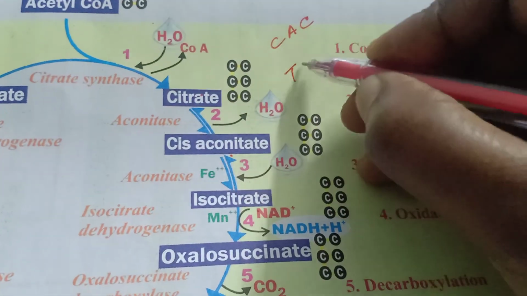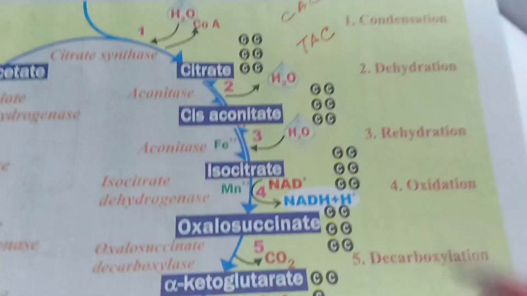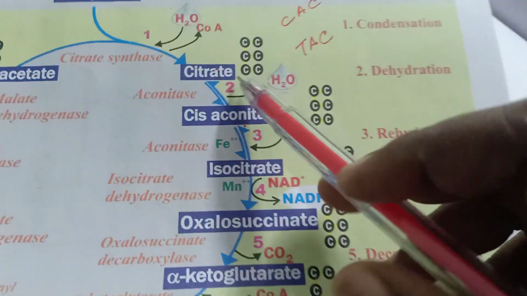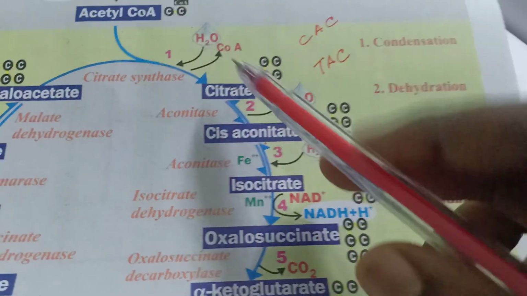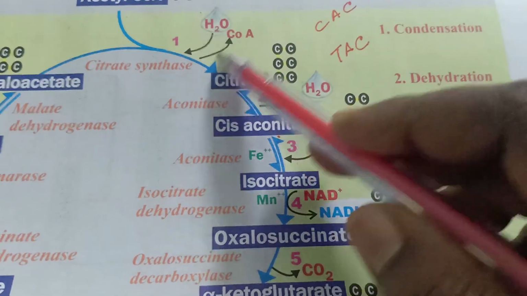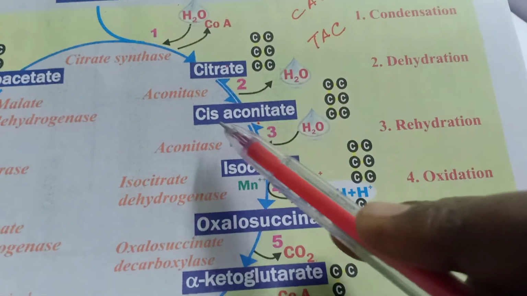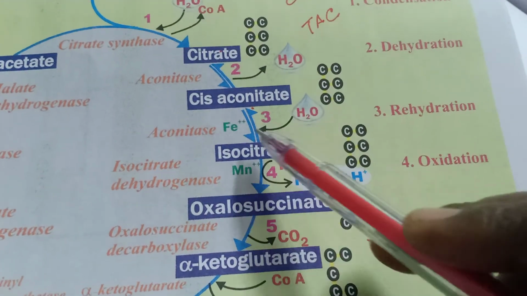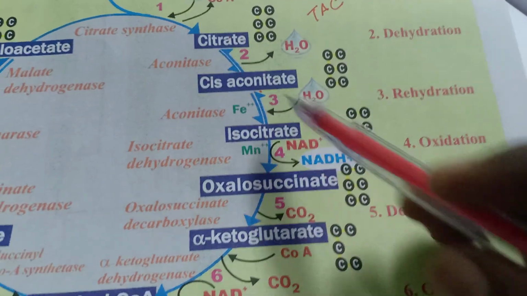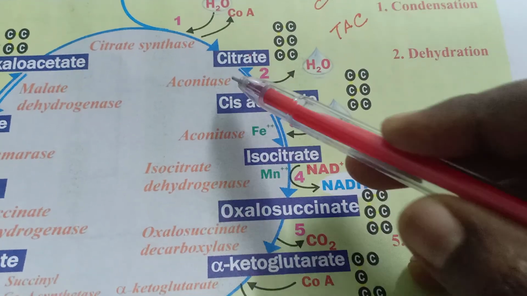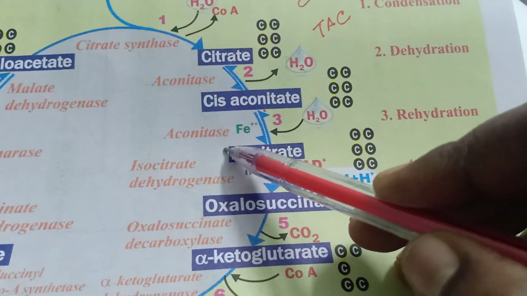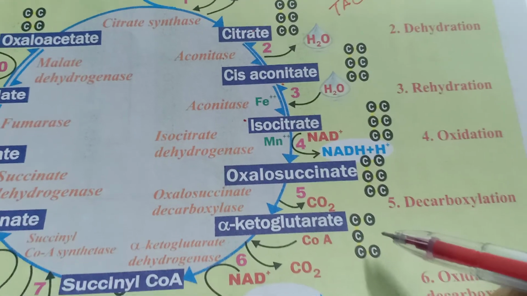Therefore, it is called TCA, tricarboxylic acid cycle. Okay. So, the first compound is citrate, formed by the addition of water and removal of coenzyme A. Then water is removed to form cis-aconitate. Water is added to form isocitrate. Both these reactions take place in the presence of aconitase. This is also an important enzyme.